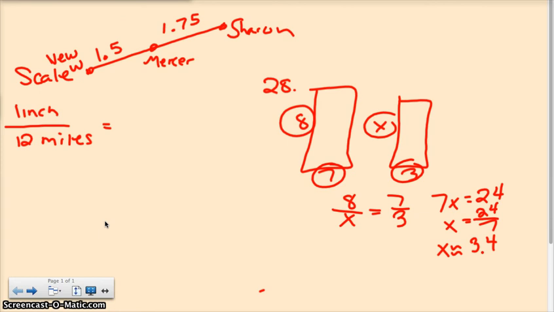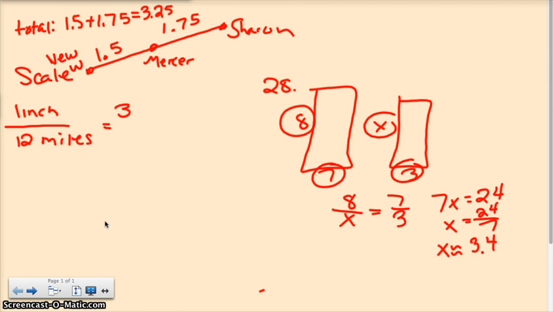So the total distance is going to be that sum. My total is going to be 1.5 plus 1.75, which is 3.25. So that's how many total inches.